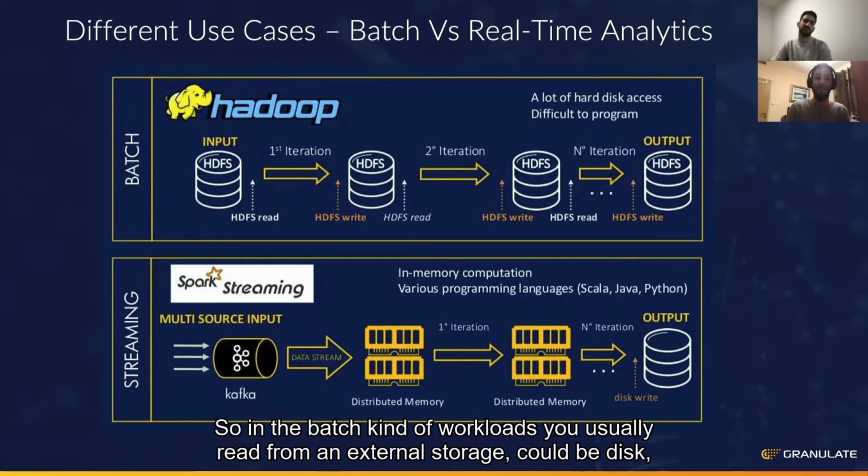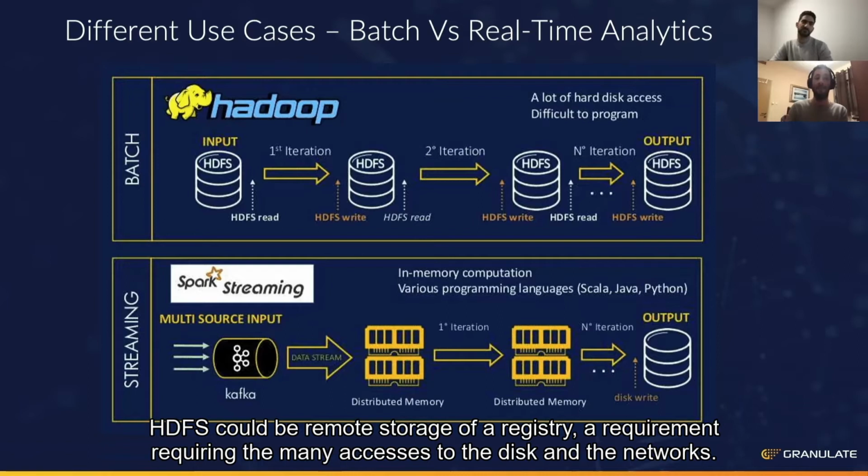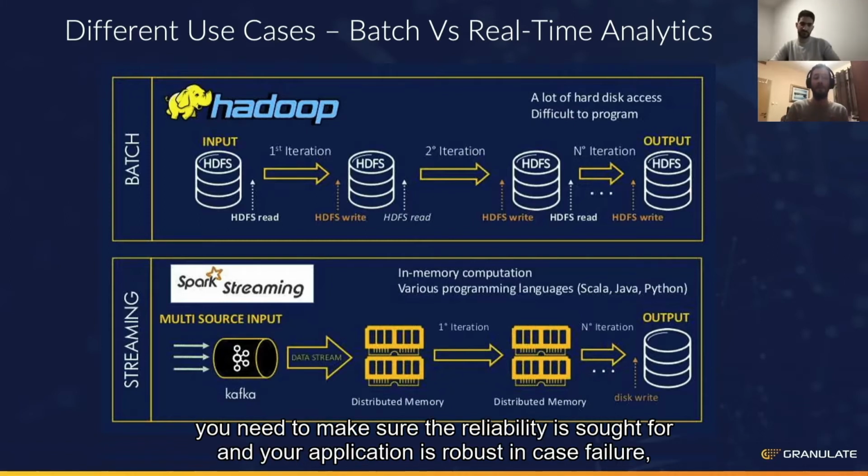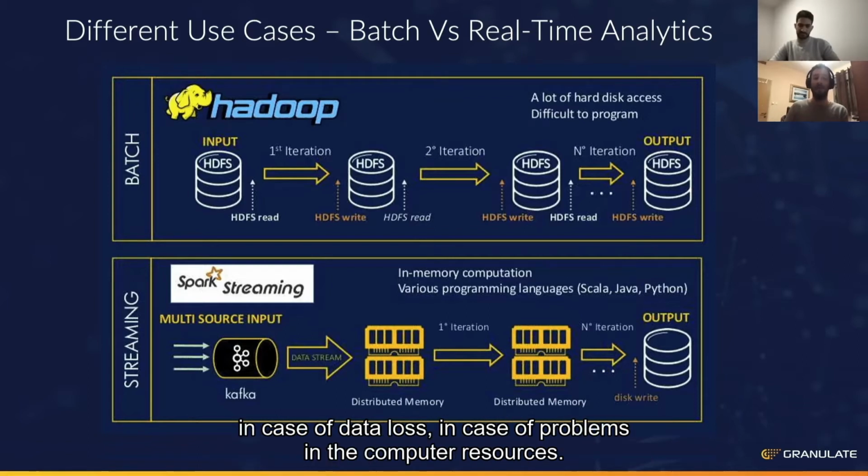In the batch kind of workloads, you usually read from an external storage, could be disk, HDFS, could be remote storage over S3, requiring many accesses to the disk, many accesses to the network. Very difficult to program, as you need to make sure that everything continues to work. You need to make sure reliability is solved for, and your application is robust in case of failure, in case of data loss, in case of problems in the compute resources.